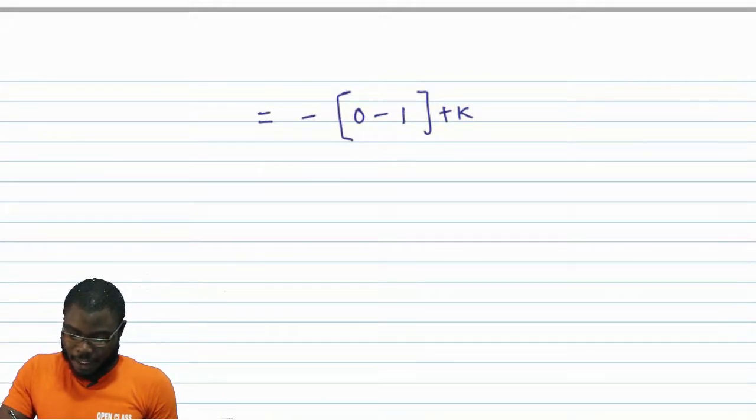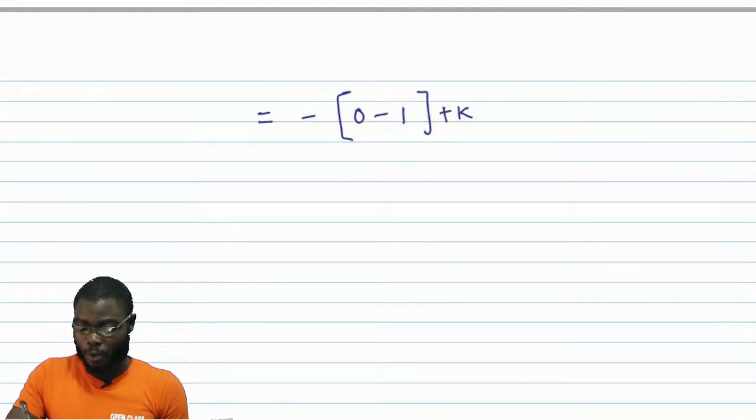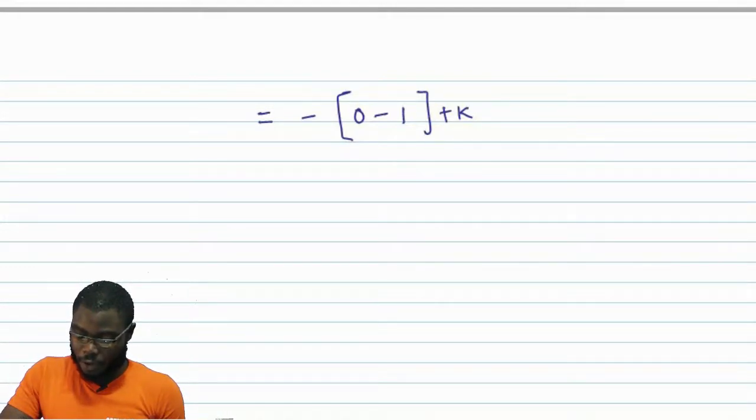Constants would eventually cancel if you integrate them individually. A definite integral doesn't really have a constant, because this one is going to have its constant, and this one will equally have its constant. So constant minus constant would go off. So from here I cease to have a constant.